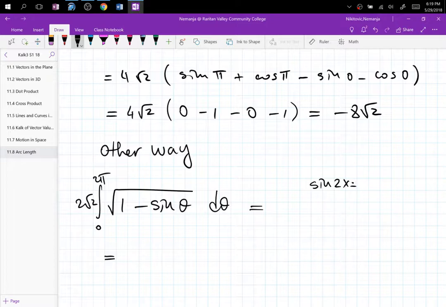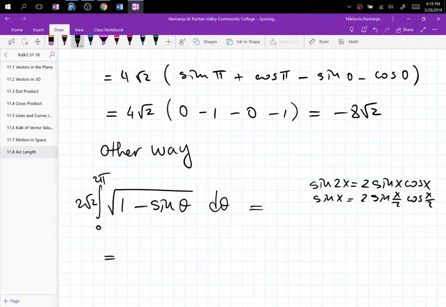sine 2x is 2 sine x cosine x, which means that sine x is 2 sine of x over 2 cosine of x over 2, and we can write whatever for 1. Nice.